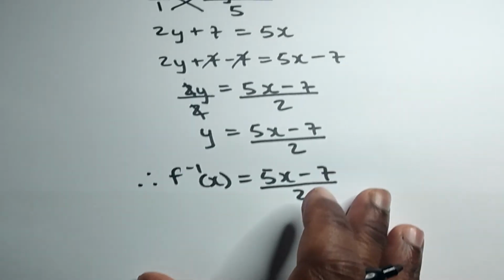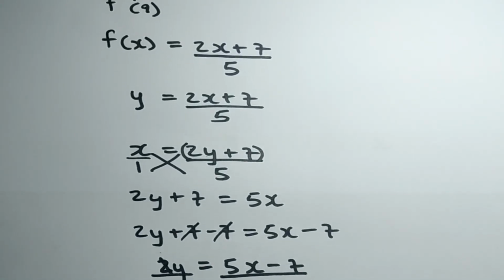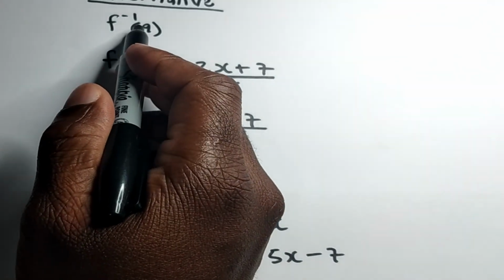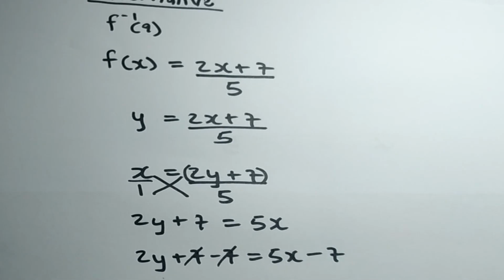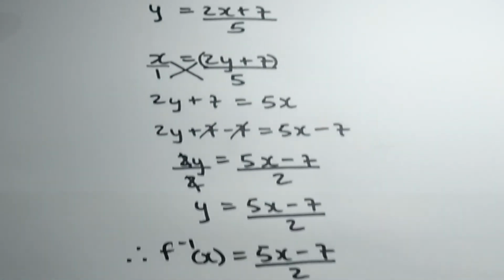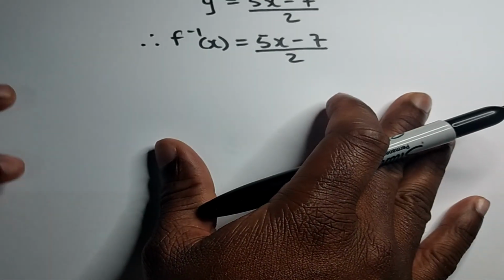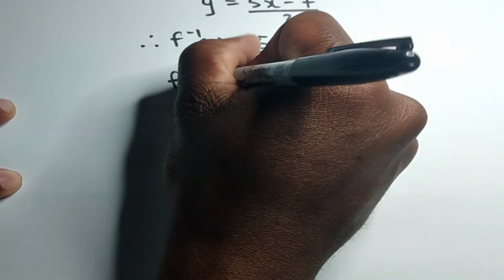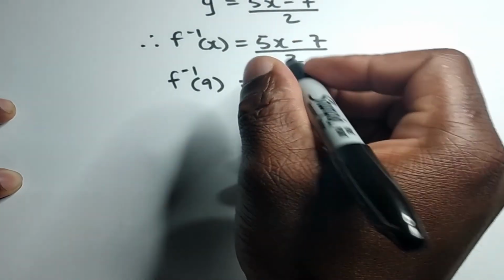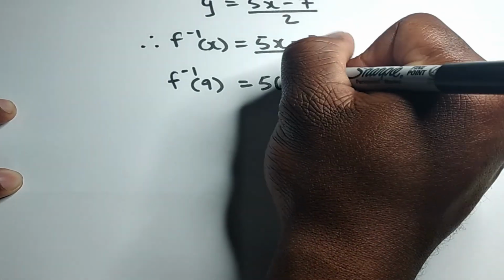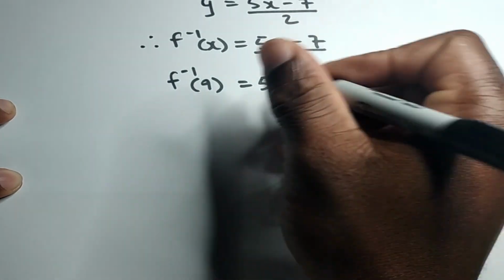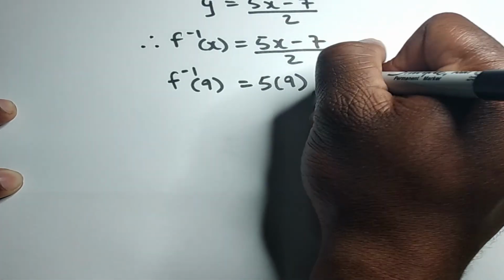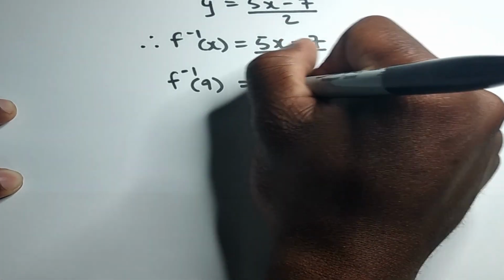And remember what I'm trying to find. I'm actually trying to find f inverse of 9. So wherever I have x, I'm going to substitute 9 right there. So if I want to find f inverse of 9, wherever I have x, I'm going to replace the x with 9. So 5 in brackets, I'm going to put the 9 right there, minus 7, over 2.